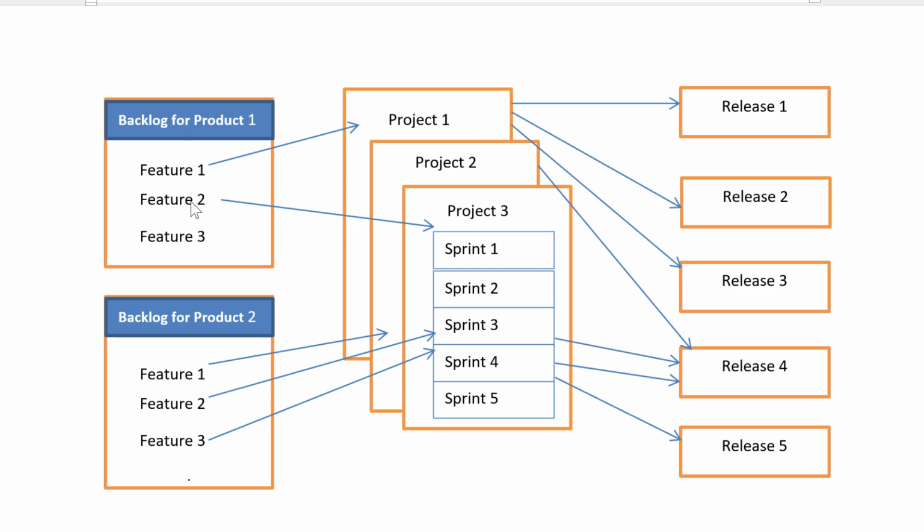Feature number two in this backlog and for this product is going to be implemented in project number three. It might be going to sprint number one, and then this project is going to send features to release 4 and release 5. The bottom line is that before we can create a project, we have to create a product.